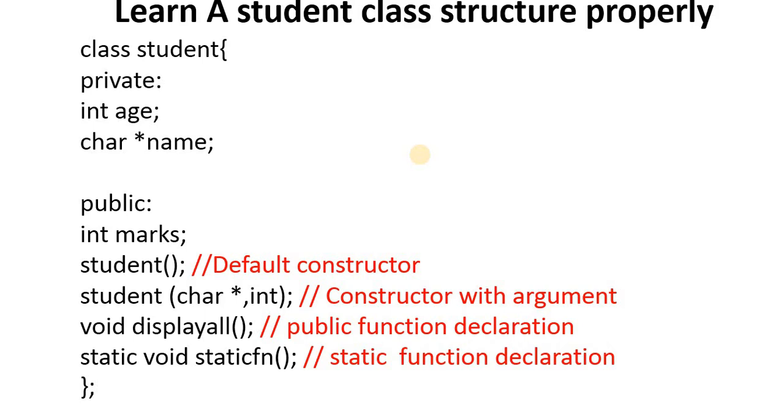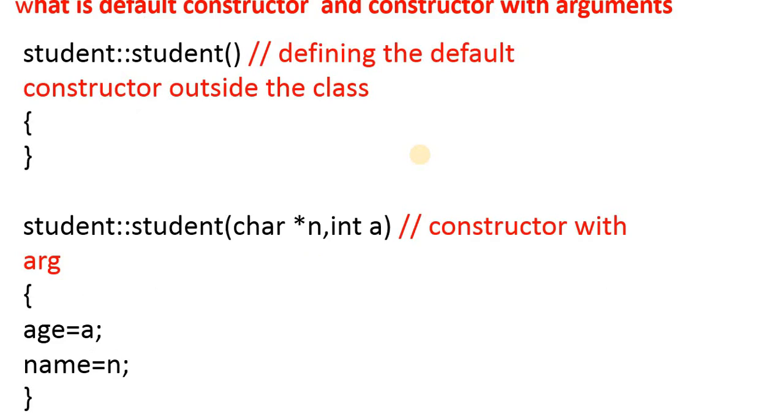As you can see, the next screen is where you are going to write down the code for the constructors. Student scope resolution student means this is the default constructor. Whatever you want to be done first when an object is created is programmed inside this. The next function, student scope resolution student, char star n and integer a, is a constructor with arguments.